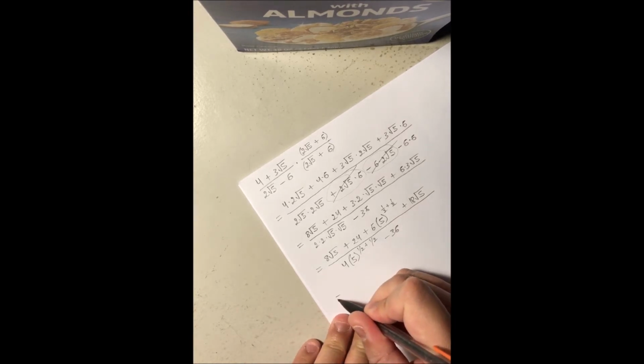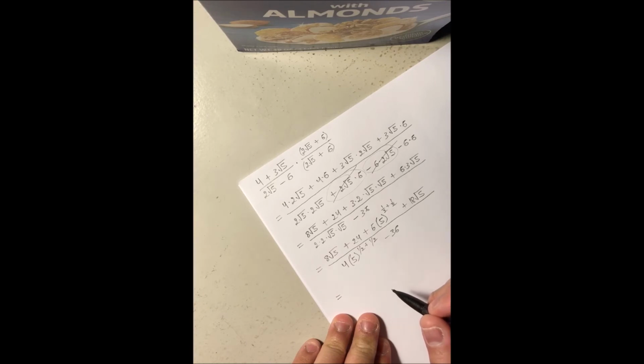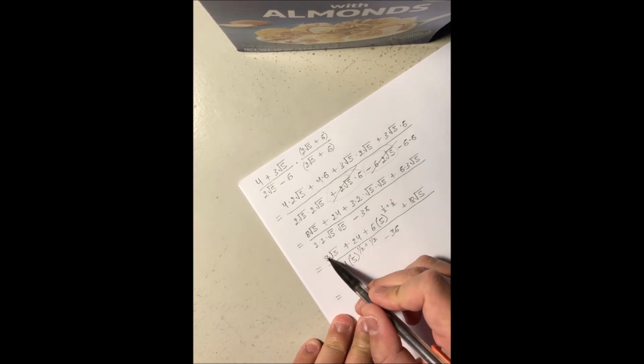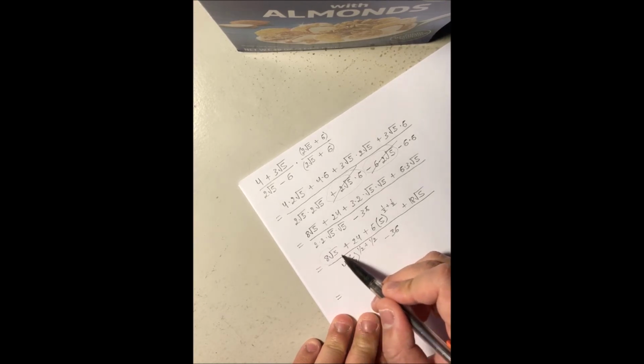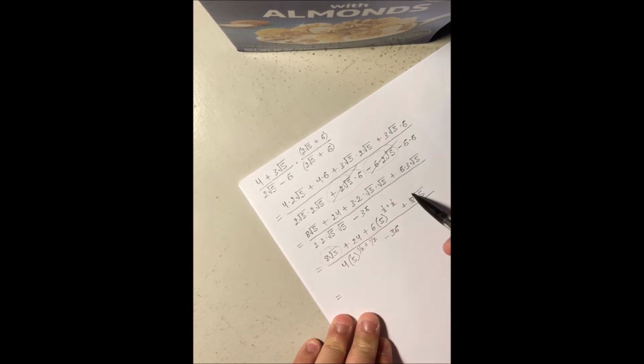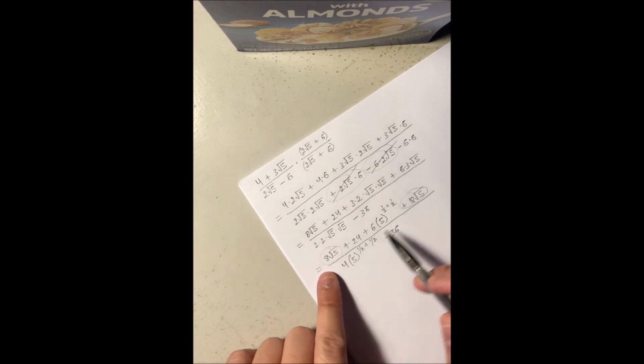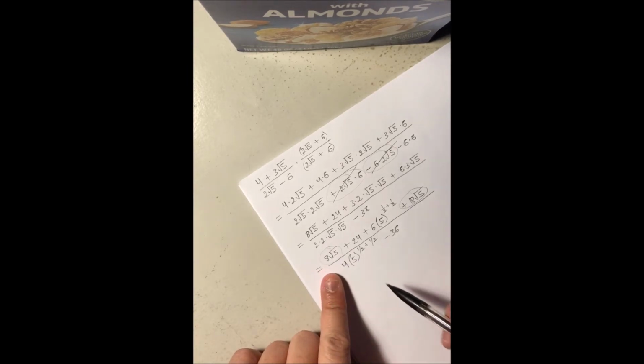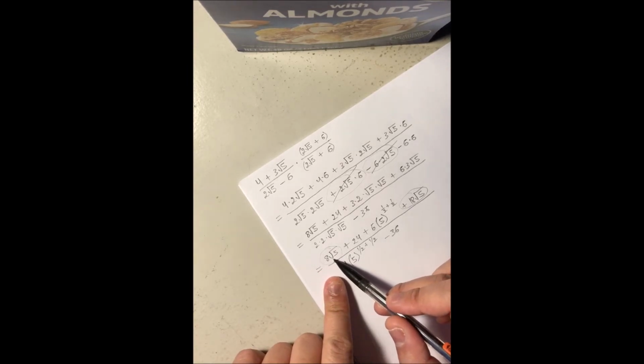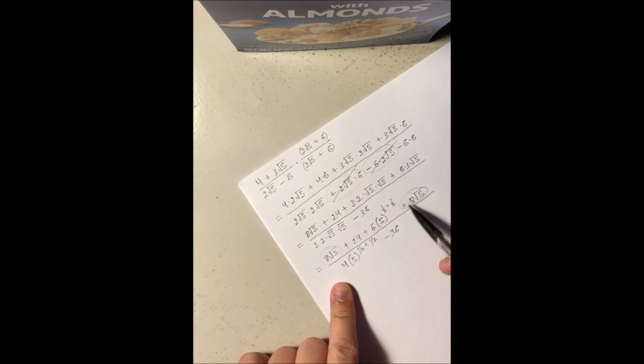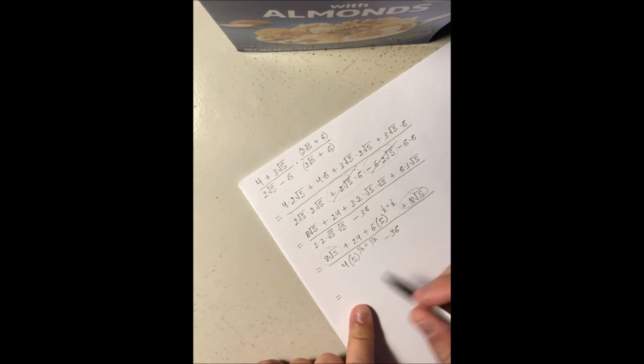Well, we're almost done. Let's see. You got 8 times square root of 5 and 18 square root of 5. Guess what? When you add these two terms together, you keep the square root of 5 and you just add the coefficients 8 and 18.